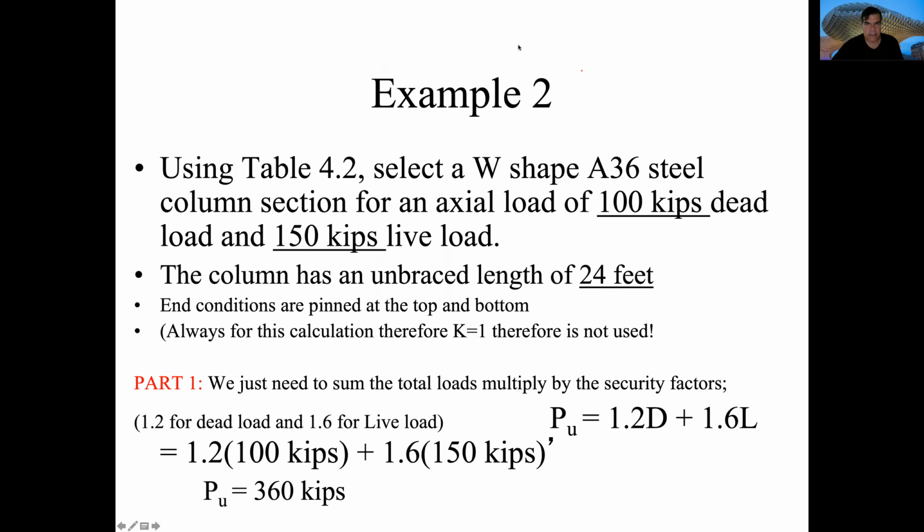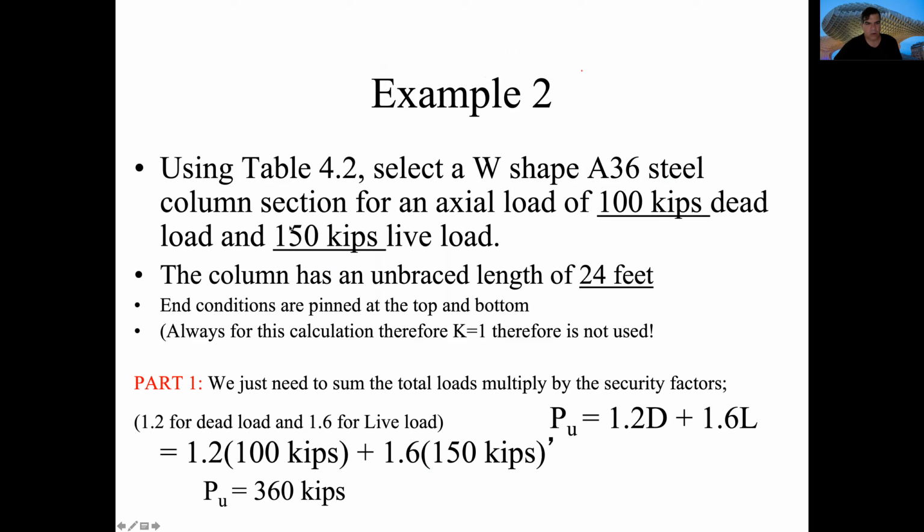Let me go back. This is a very simple exercise. We just need to calculate the total load, but the total load is not 100 plus 150. Why? Because there are safety factors. We want to make sure that the column is supporting the weights, and if the dead load that we expect it to support is 100 kips, we need to multiply 100 kips by 1.2, making it 20% bigger.